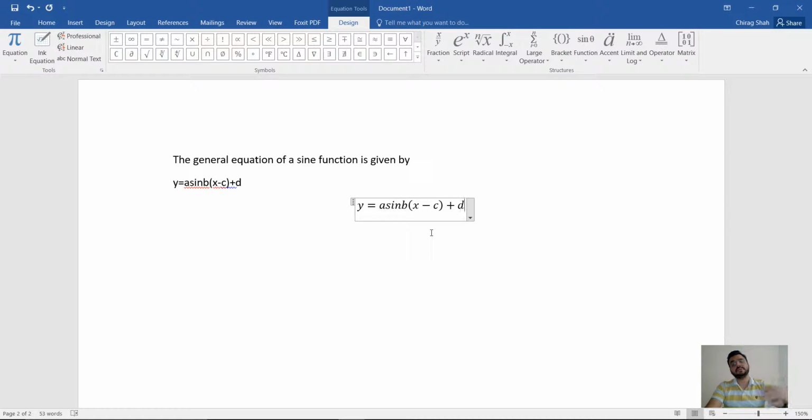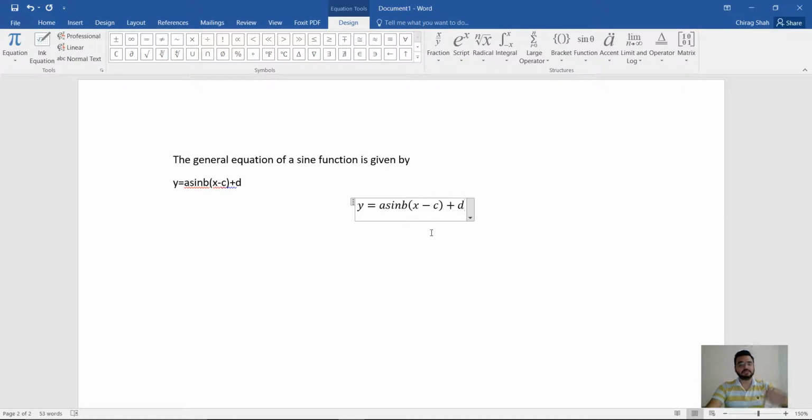Now always remember, I have seen a lot of times that we introduce brackets by using the brackets available with Shift and 0 or Shift and 9, but suppose you want to enter a fraction inside the bracket, the brackets that we introduce from the keyboard are not going to work.